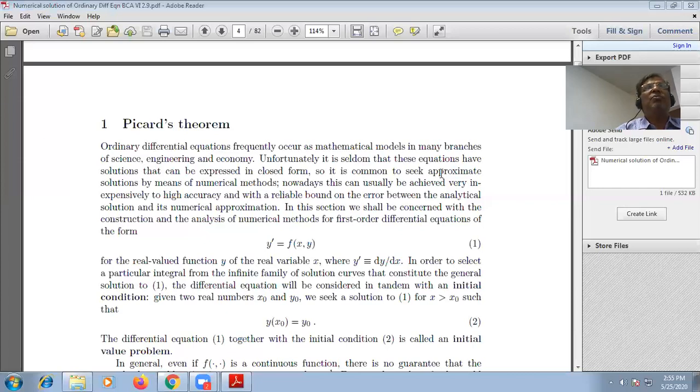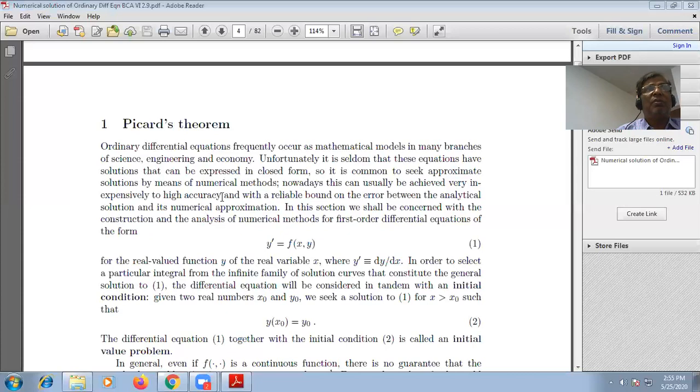So it is common to seek approximate solutions by means of numerical methods. Nowadays, this can usually be achieved very inexpensively to high accuracy and with a reliable bound on the error between the analytical solution and its numerical approximation.